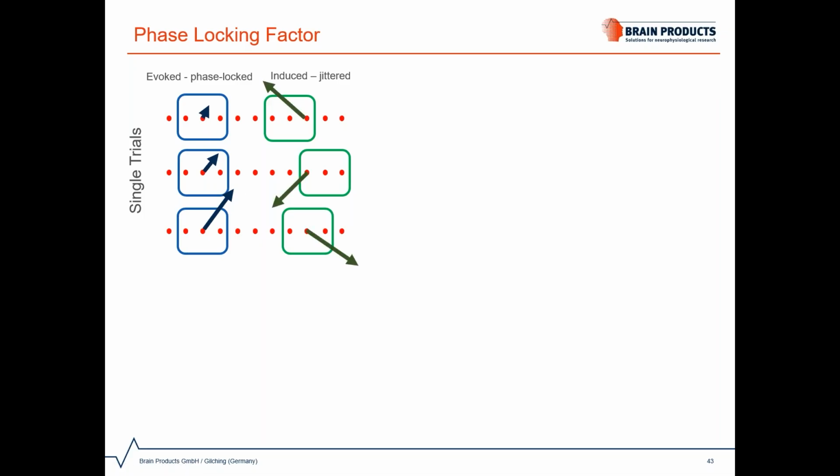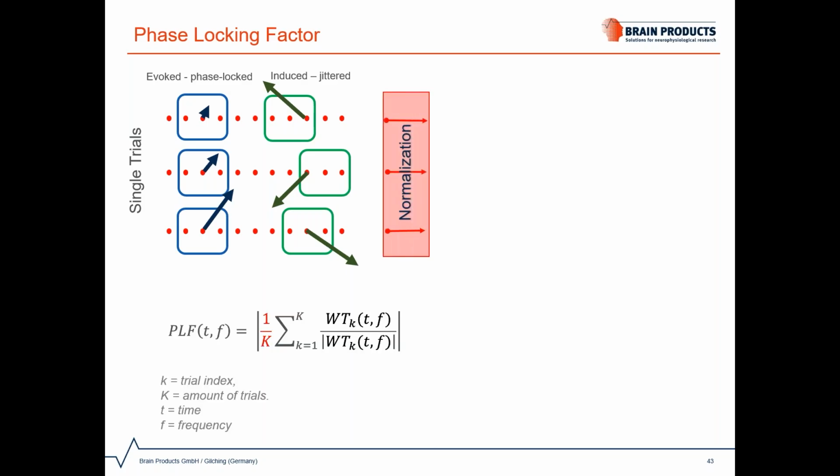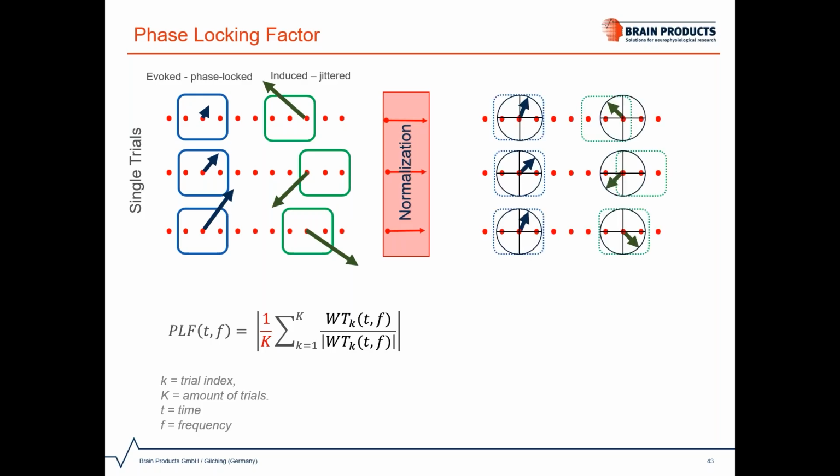The phases of the induced response are not. Similar to the phase locking value, here the aim is to ignore all the amplitudes and quantify phase locking only. For that, the individual amplitudes are normalized. This is also the same procedure as we have used for the phase locking value and results in amplitudes that are all 1.